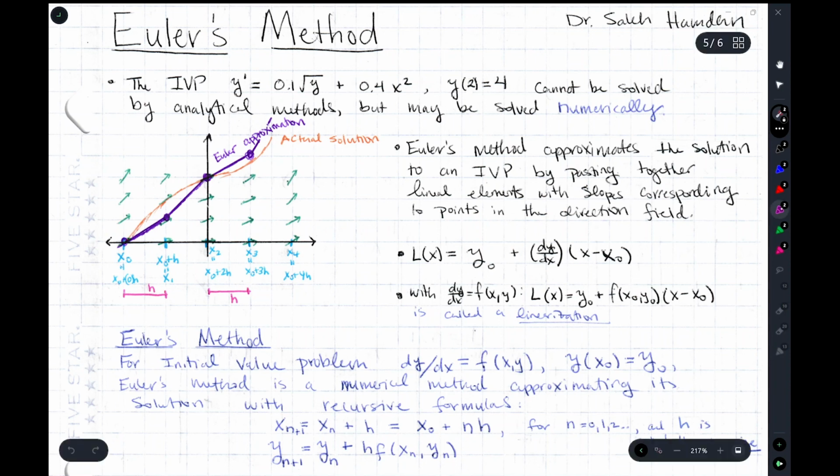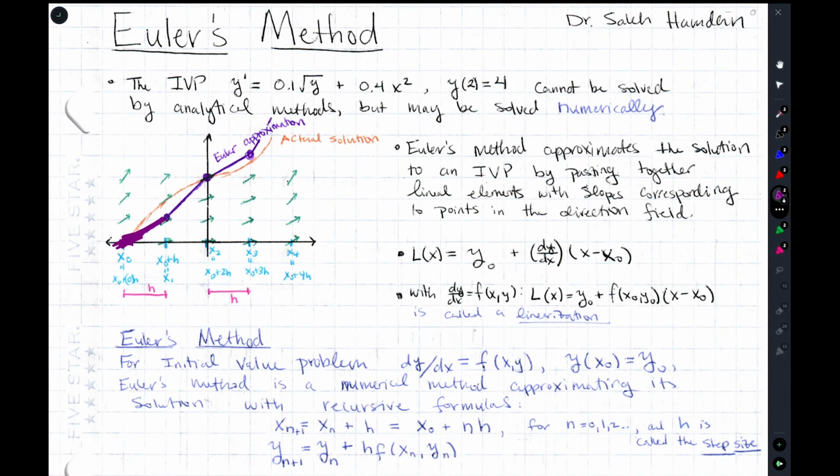But what if we decided to do this, right? We start at some point here, okay? And we say, well, look, we know that the solution has to have a slope this way. So why don't we just draw a line, okay, with that slope? And so we'll end up drawing this line here, okay?